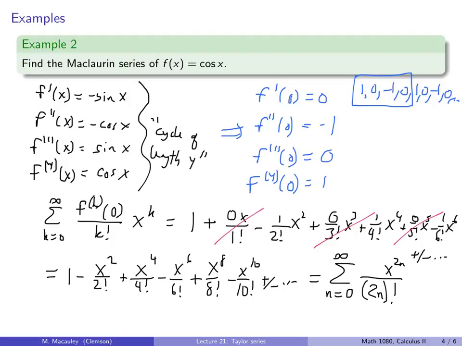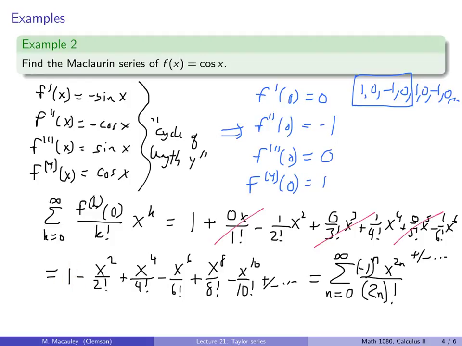What about the signs? So I have plus, minus, etc. Well, I'm going to write that as -1 to the n. Is that right? Or it should be n plus 1. So if n equals 0, that will be positive.